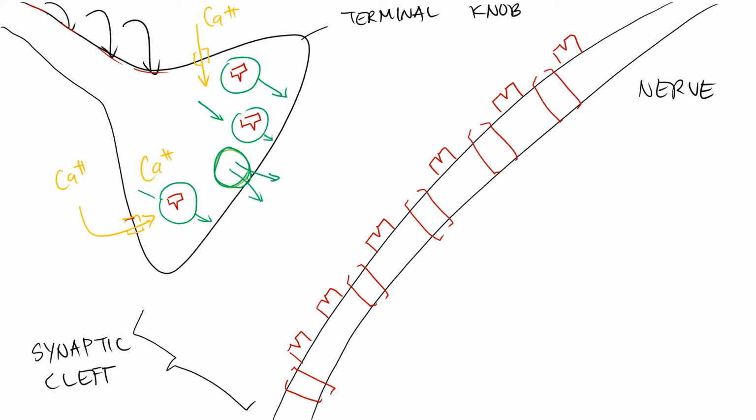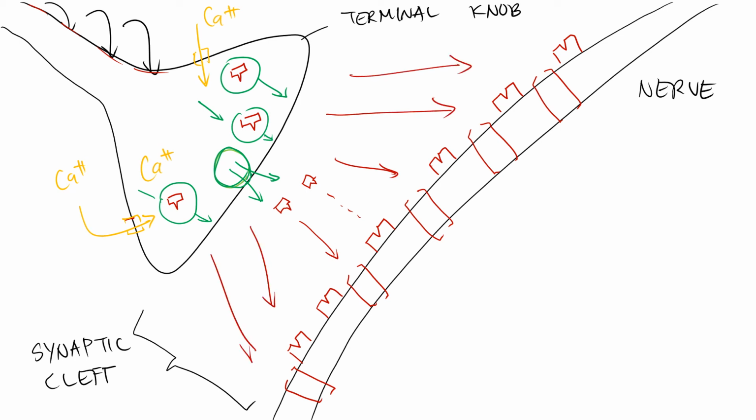These neurotransmitters will head out and cross your synaptic cleft, and some of them will eventually pair up with these receptors on the other side.